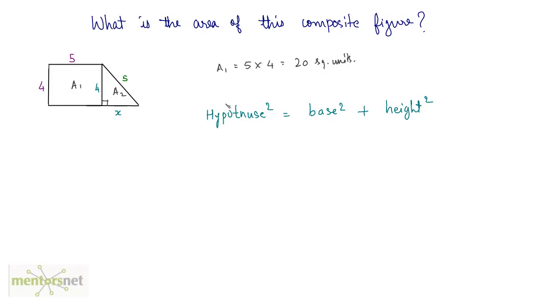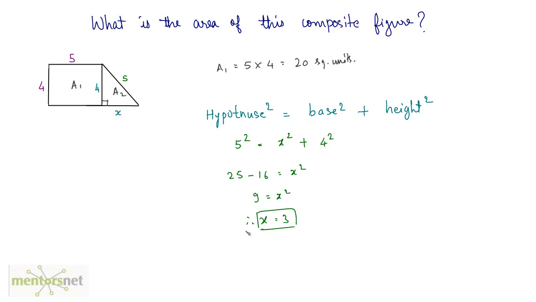Now hypotenuse is the largest side of a right angle triangle, and it is 5. So 5 square is equal to, the base is what we have to find, so x square plus height square, that's 4 square. So this is 25 minus 4 square, which is 16, is equal to x square. 9 is equal to x square, therefore x is equal to root of 9, and that is 3.